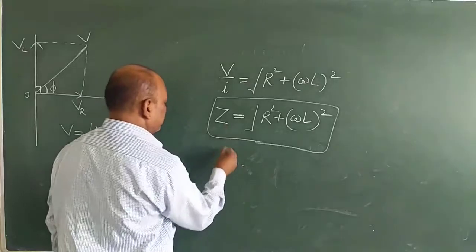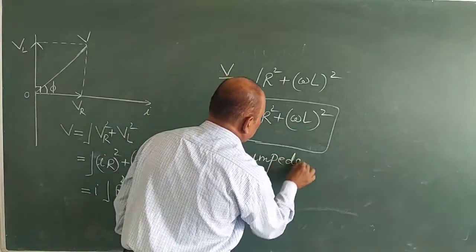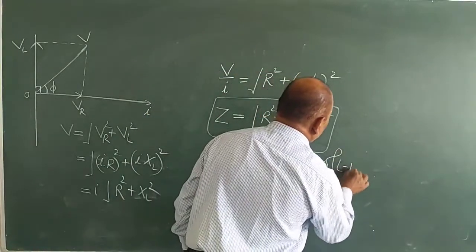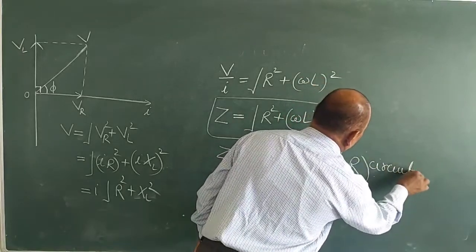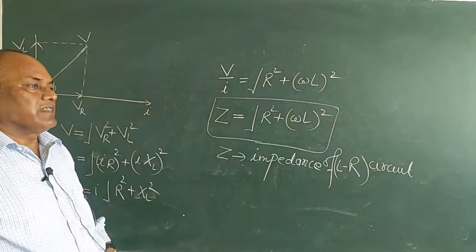Now what is Z? This Z is the impedance of the LR circuit.